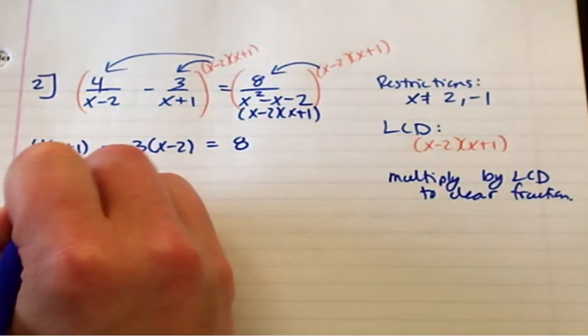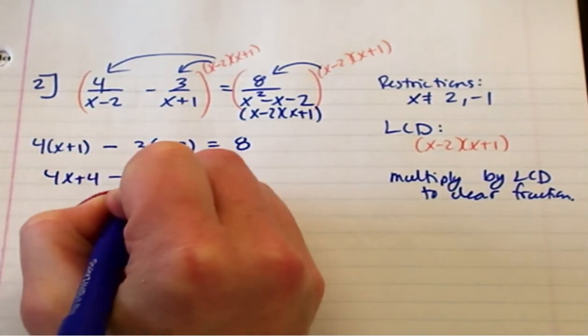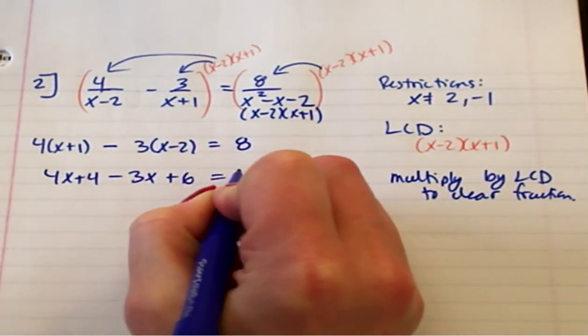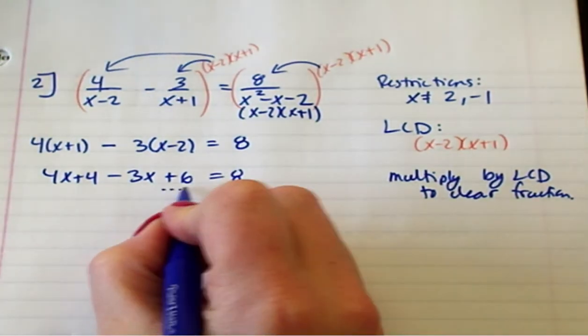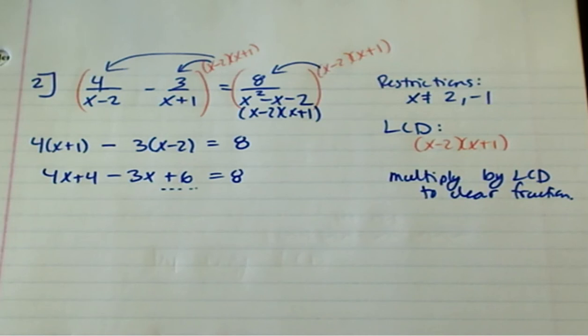Okay, so we get 4x plus 4, 3x plus 6, plus 6. I guarantee you this almost exact question shows up on your test, and like 50% of you mess up that number right there. Distribute your negative. Depends on what kind of mood I'm in, whether I take off like 1, 2, or 3 points. Don't mess up your negative, okay?